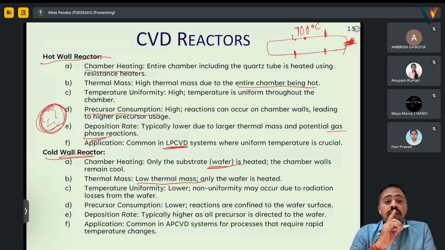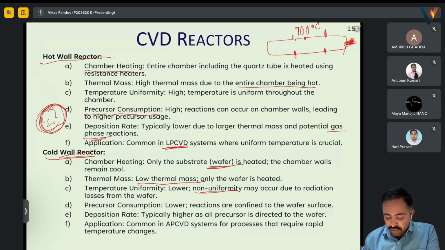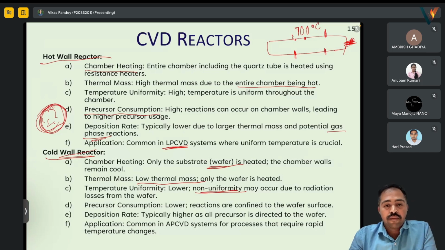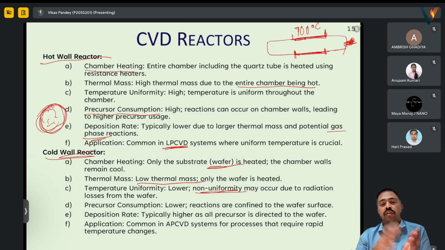But there is one problem, that it might not be very uniform. The temperature, since like in this case we were talking, the whole area is getting heated. So if you say that some small part is not heated, that is not possible because it is at high temperature.